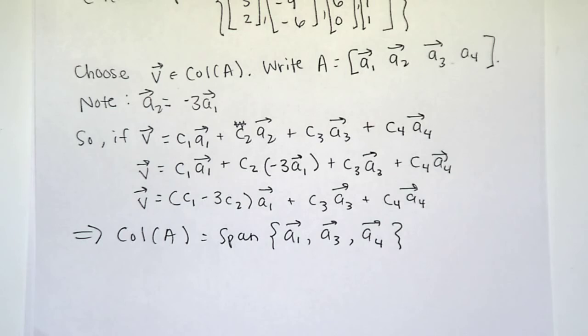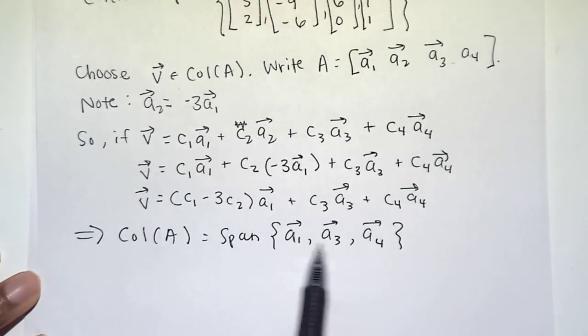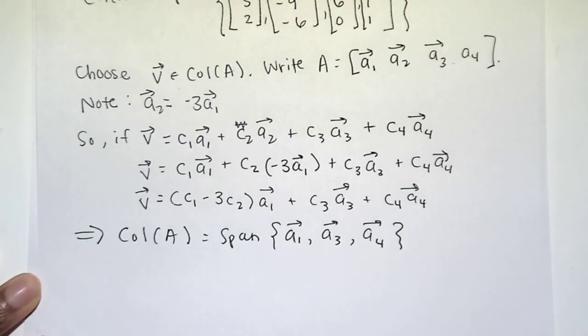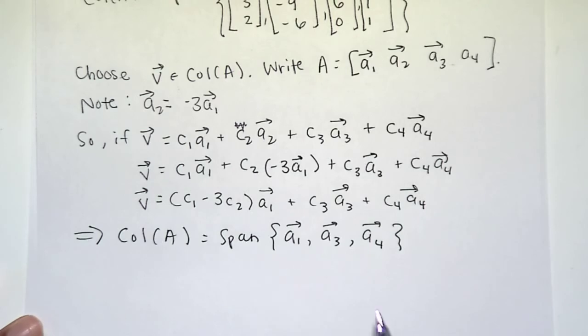So that means we only need 3 of them for linear independence. We know the rest is going to span because we got our spanning set.